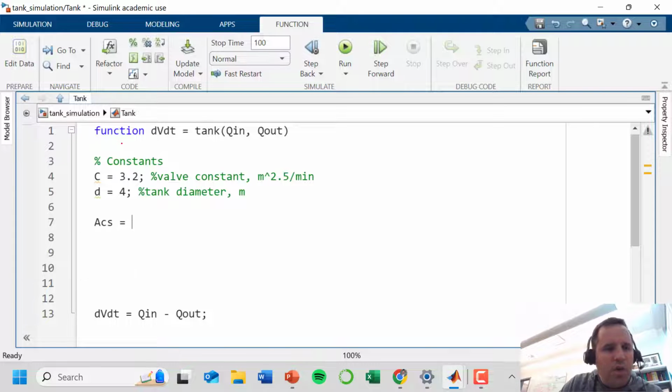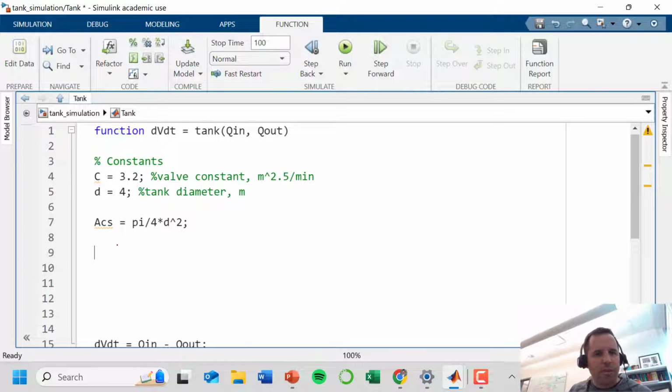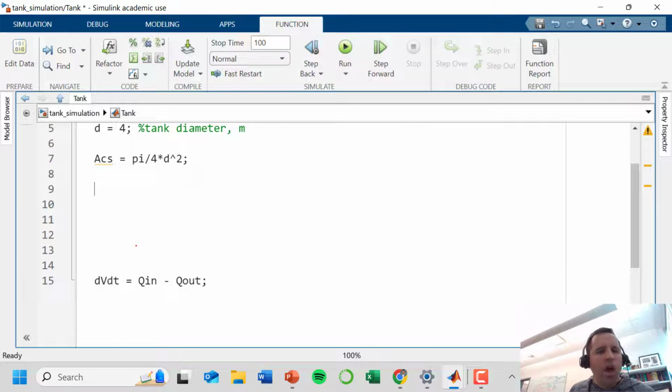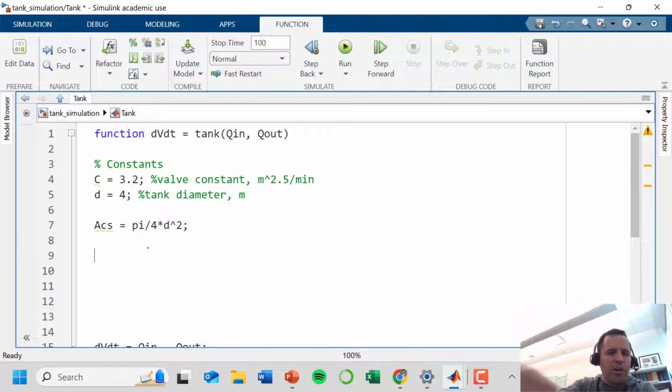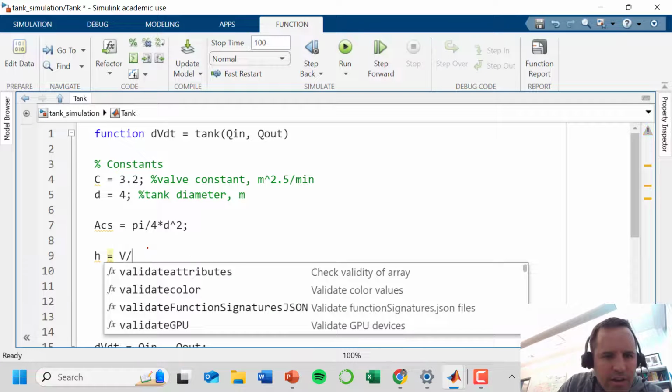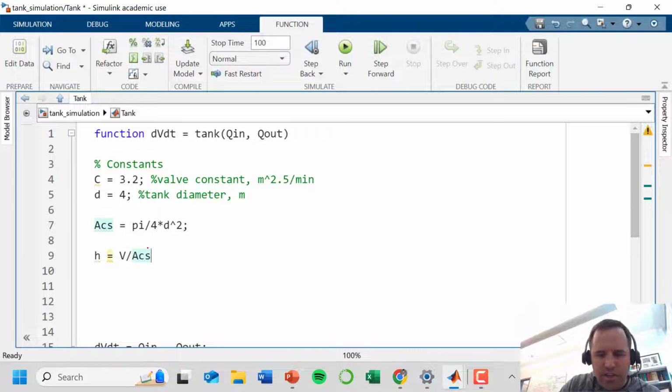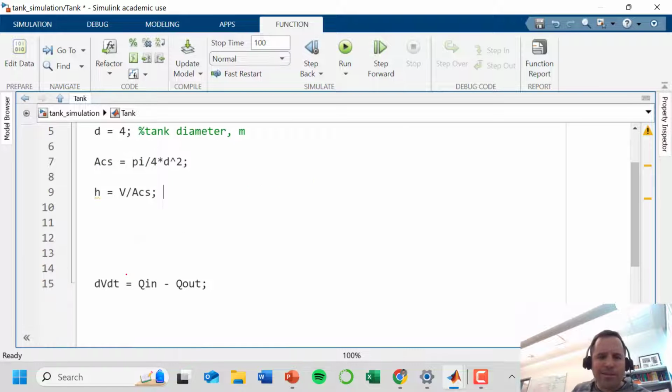Our cross-sectional area is going to be pi fourths times our diameter squared. I'm going to cut the commenting for a little bit just because I want to keep the video a little shorter. If we know our cross-sectional area, we can now calculate h as an intermediate. So here we have h equal to our volume divided by our cross-sectional area. There's a problem here, and that is volume.